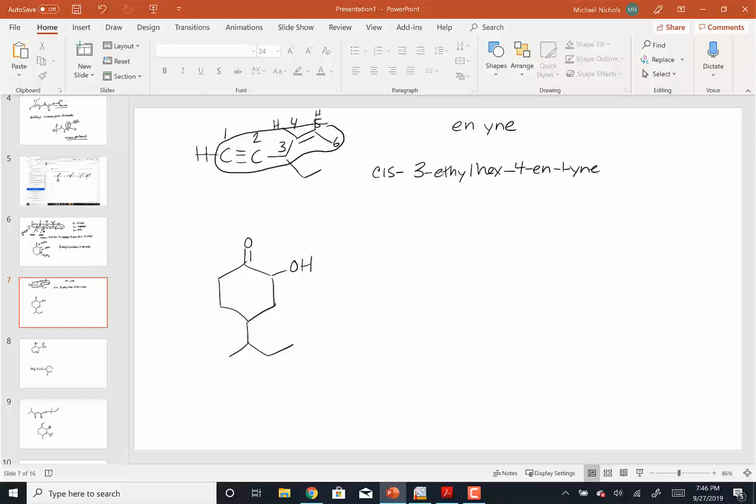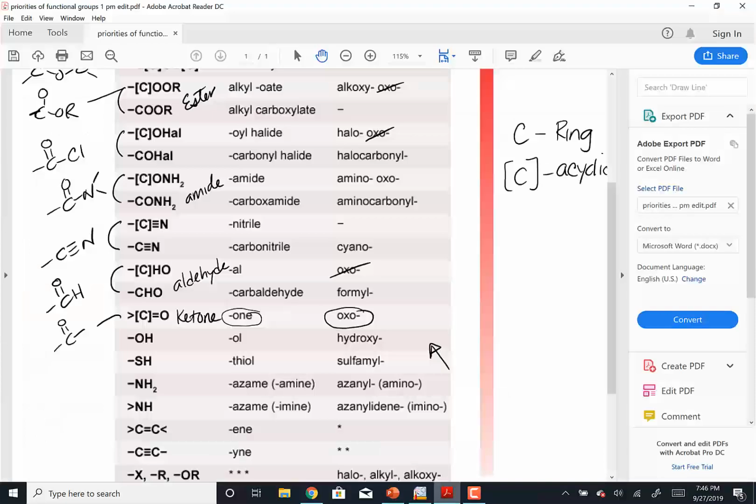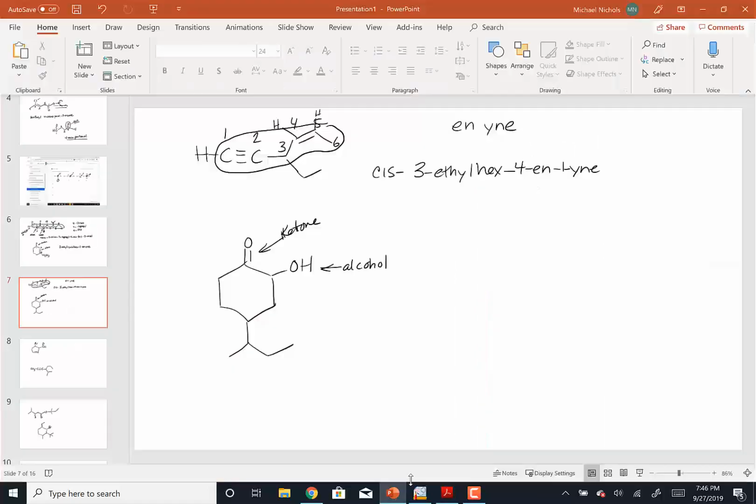Looking at functional groups, I again have a ketone, and I have an alcohol. And so now I have to look at my chart to see which one of those two has the highest priority. I look at my chart, I see that ketone is right above alcohol, so ketone wins the priority.